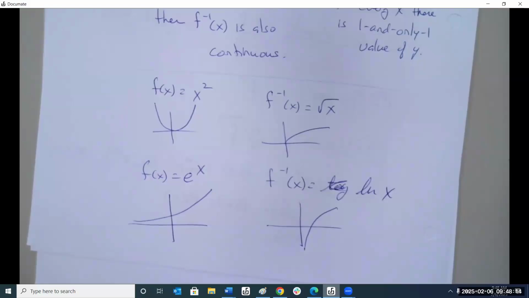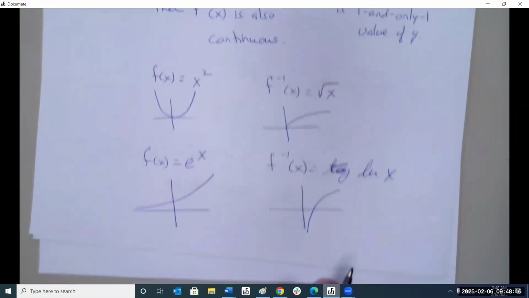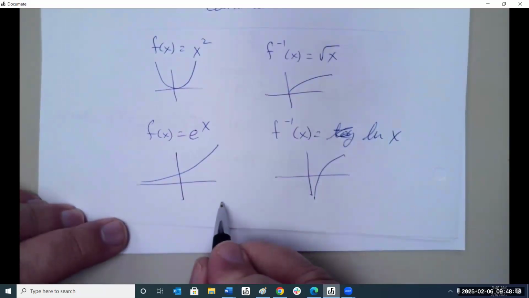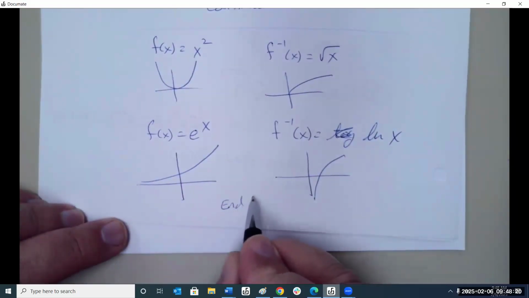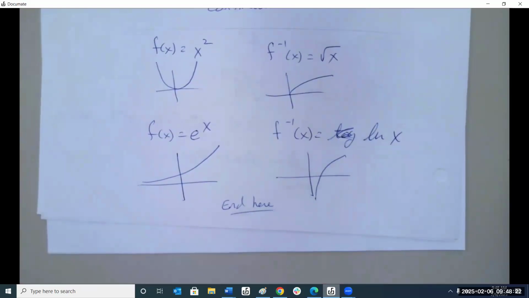Yeah, we have a few more pages. We'll pick up from here next time. We know inverses are continuous because they're 1-to-1 to begin with. Next, we're going to look at composite functions. What are composite functions?